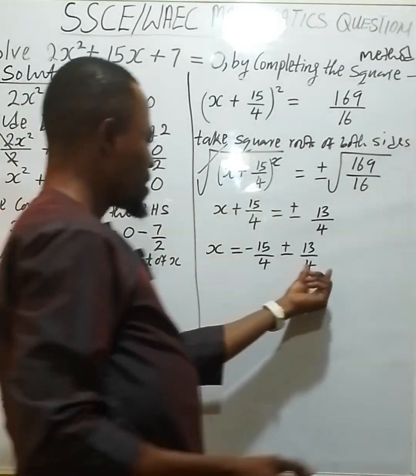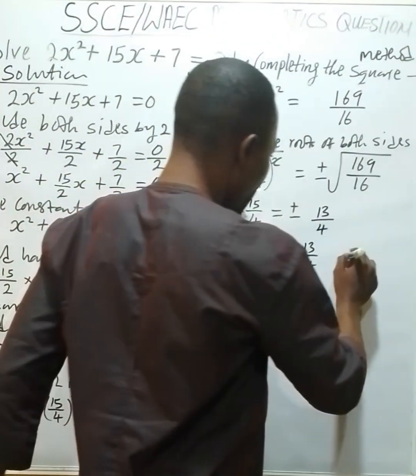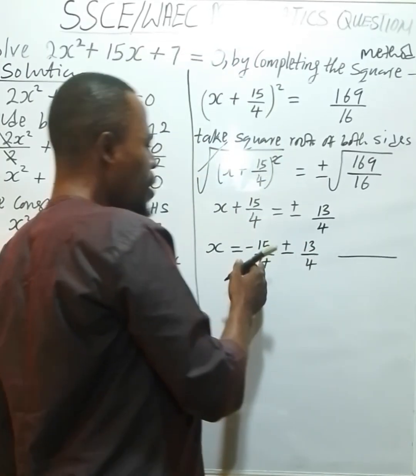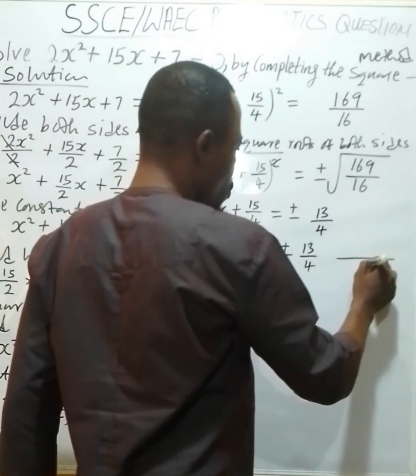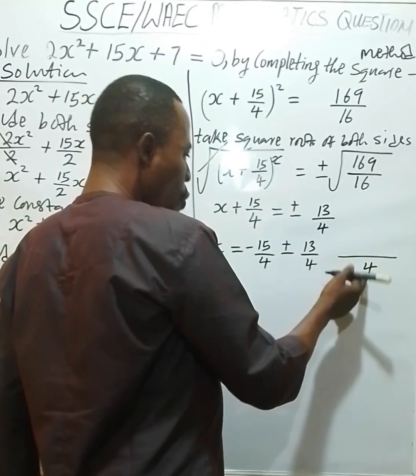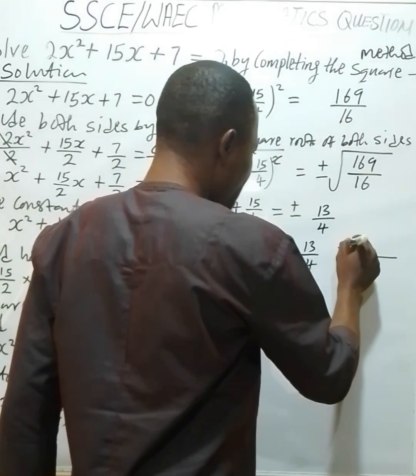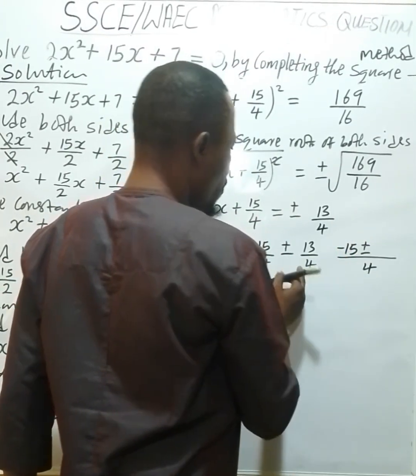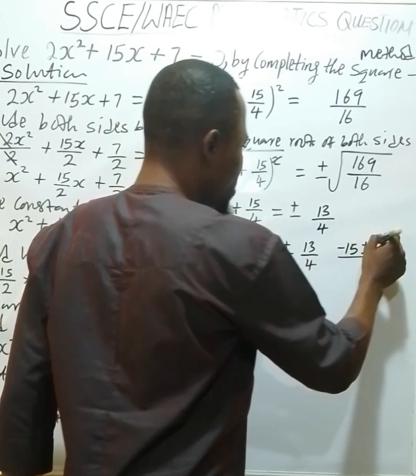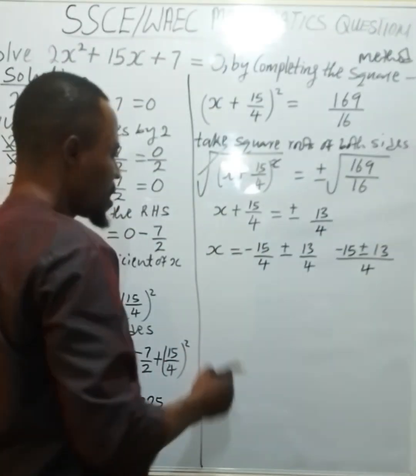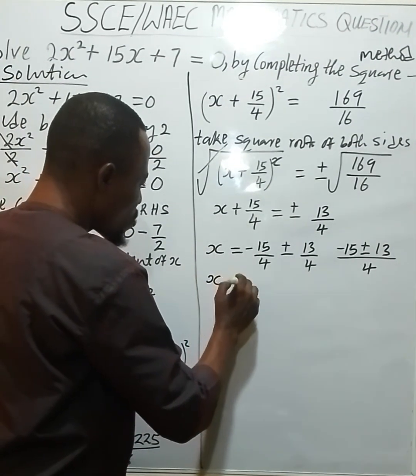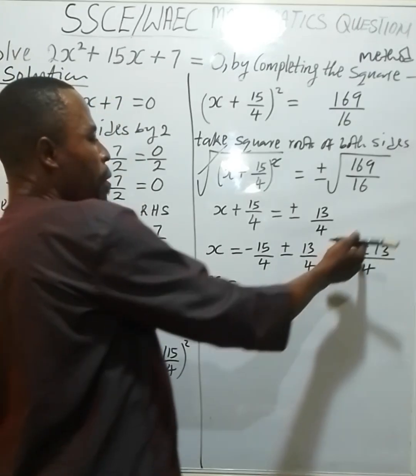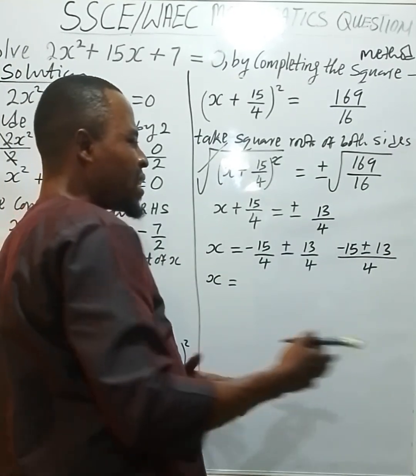When you look at it, we will now find the LCM. LCM of 4 and 4 is 4. So 4 into 4, 1. 1 times 15, minus 15, plus or minus 4 into 4, 1. 1 times 13, 13. So we now have x equals, plus or minus, so we now split it into 2.